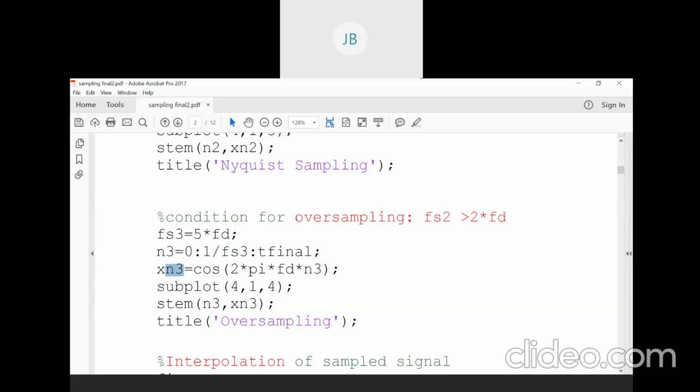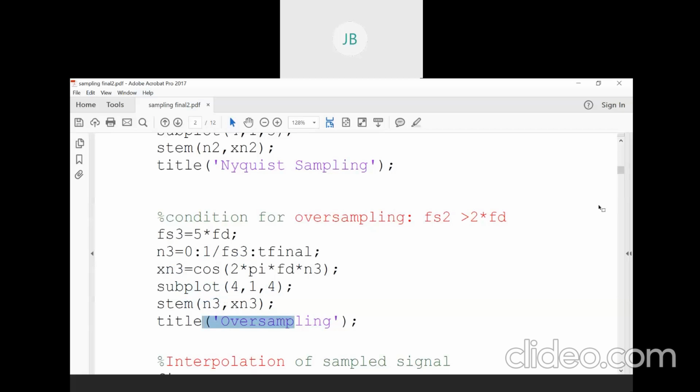That's the case of oversampling. Then we will plot it. This is the 4th subfigure in the figure, and stem is used to plot n3 and x[n3], and we will title it as oversampling.